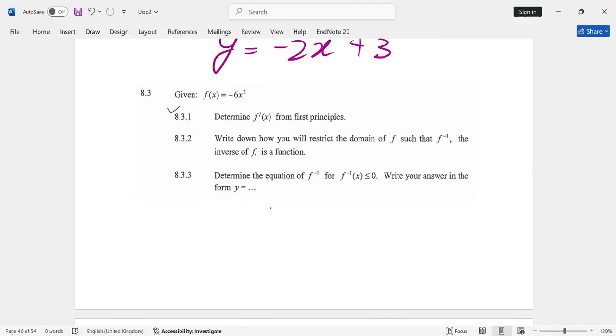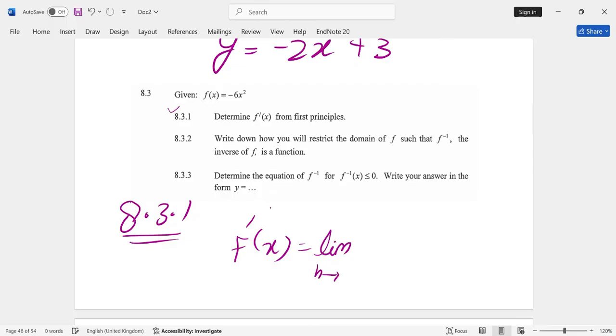So we use the definition, which is f prime of x equals the limit as h approaches 0 of f of x plus h minus f of x, divided by h, okay?